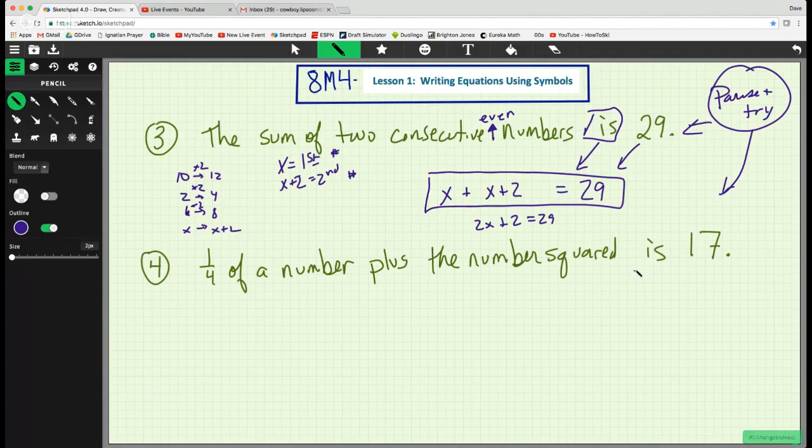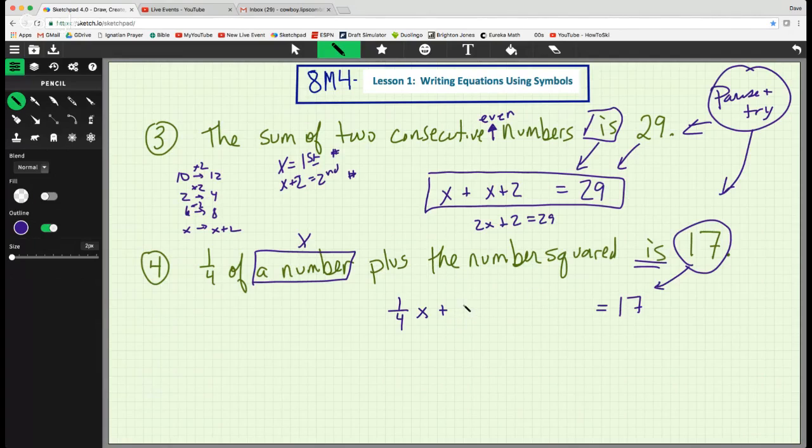All right, this next one is 17. By now, we should know that that's just like equals 17. A fourth of a number, well, what is it that we don't know? Well, we don't know a number. So we're going to call that x. I'll call it x. If you called it n, that's fine. A fourth of a number is a fourth times x, plus the number squared.